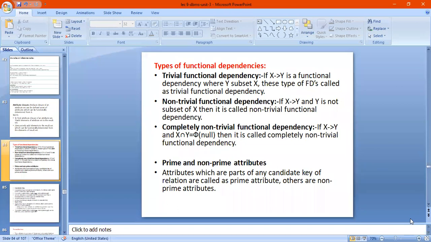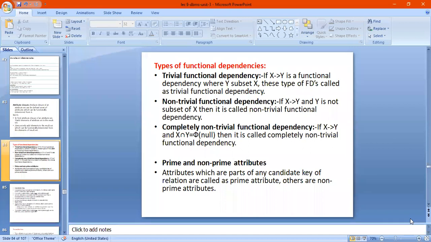Trivial functional dependency: if X determines Y is a functional dependency and Y is a subset of X, this type of functional dependency is called trivial. Next, non-trivial functional dependency: if X determines Y and Y is not a subset of X, then it is called non-trivial functional dependency.